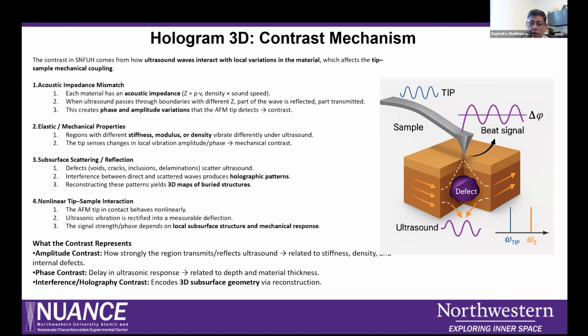The amplitude contrast we can get here depends on the intensity of the signal, and the phase contrast is related to the depth and the material thickness. If we have standard samples, we can create a library and calculate the phase delays for each type of material.